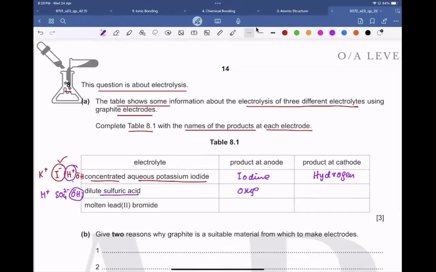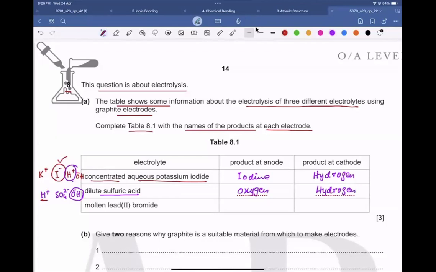So we will write oxygen over here. Yes, 1 minute, Kamar. Okay. And the cation is only the hydrogen ion. So when the hydrogen ion is reduced at the cathode, it is going to form hydrogen gas. So I'm going to write hydrogen over here.